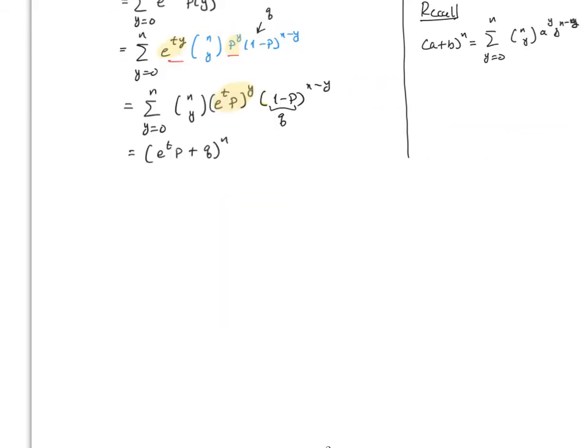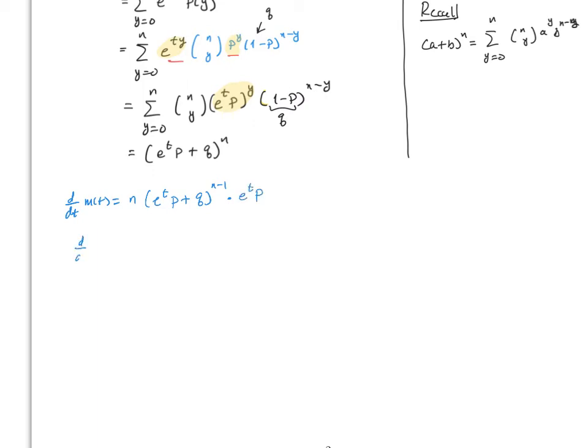Now that we have the moment generating function, we can use it to find the mean, or expected value. Remember, the mean has to be np, so let's see if that's the case. If we take the derivative with respect to t of m of t, in our case it will be n times e to the t p plus q to the n minus 1, times the derivative inside, which is e to the t times p.